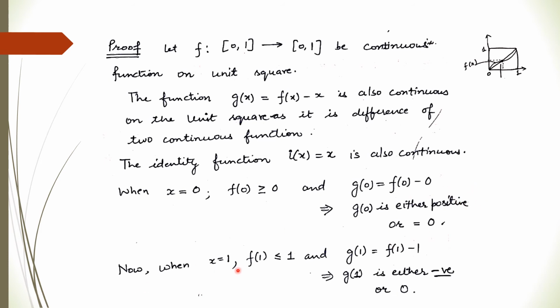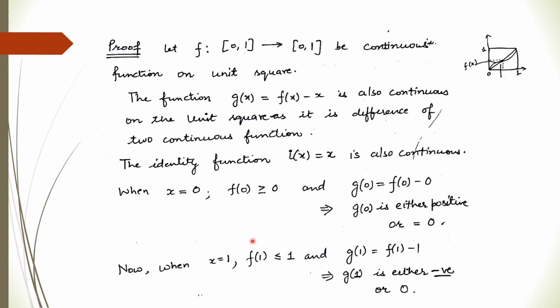When we put x to be 1, since we know that the maximum value of the function is 1, the value of the function at any point of this domain will be less than or equal to 1. So f(1) will be greater than or equal to 0 but less than or equal to 1.